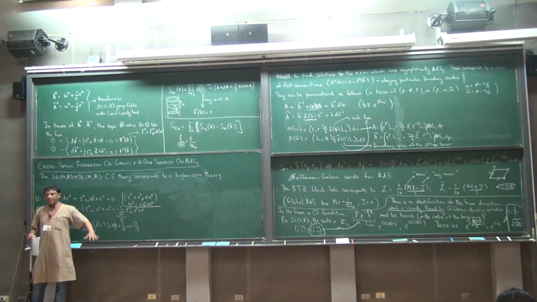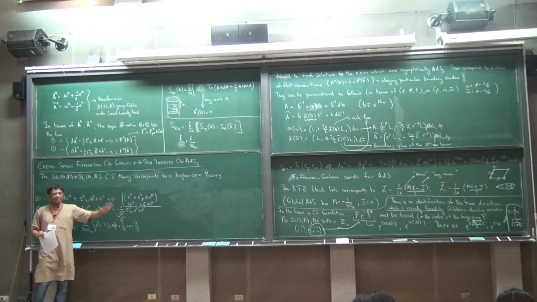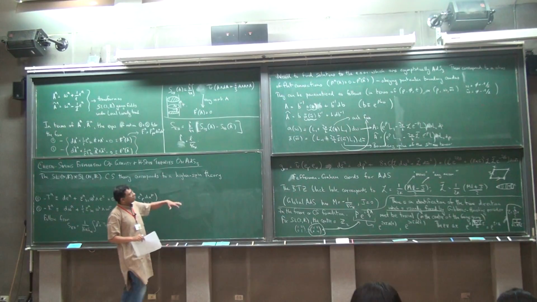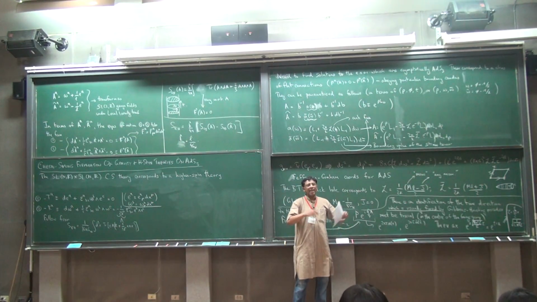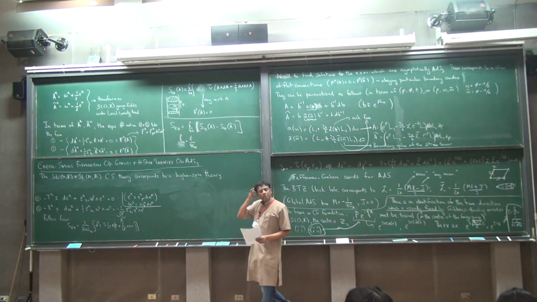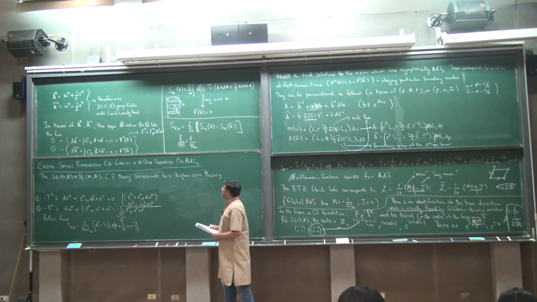So basically that's why I did this SL2R case in detail. Now you just promote all the A and A tildes to SLNR matrices, n by n matrices.